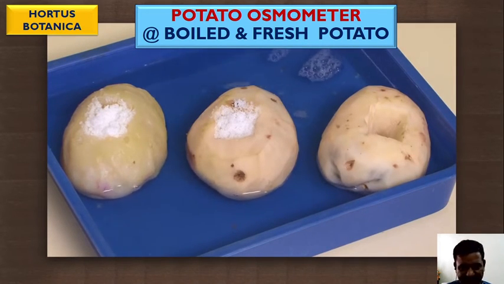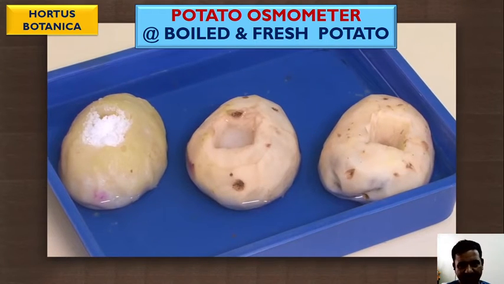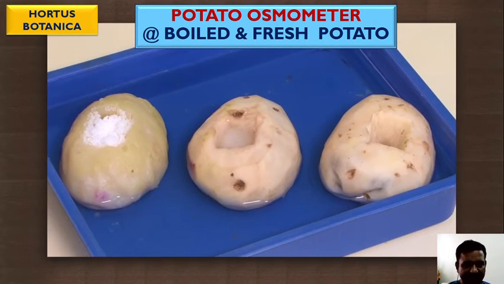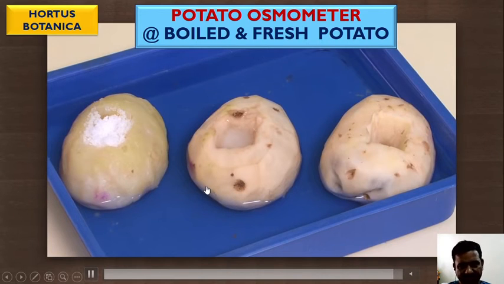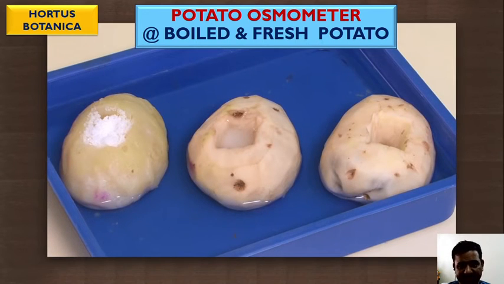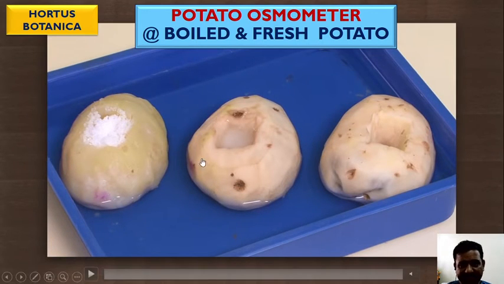Let's see what is filled. Now outside we have the hypotonic solution, and inside the hypertonic solution. So see what is coming in the second case. Water has come. In the first case, on the right side, no water is there, because it is the isotonic solution right now.